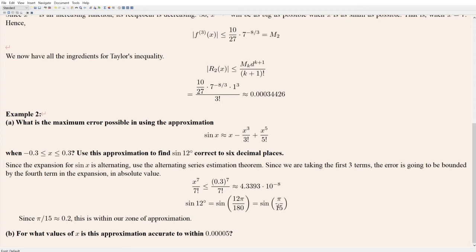Okay, so all we need to do then is just plug this into the approximation, and the error is guaranteed to be smaller than whatever times 10 to the negative 8. So certainly then it's going to be correct to 6 decimal places.